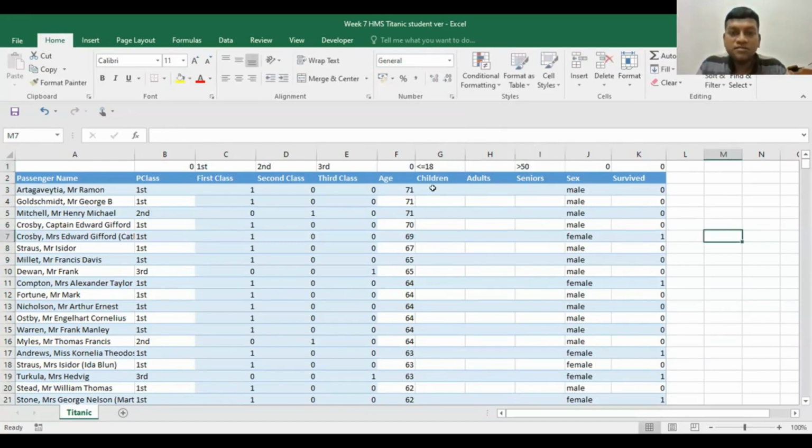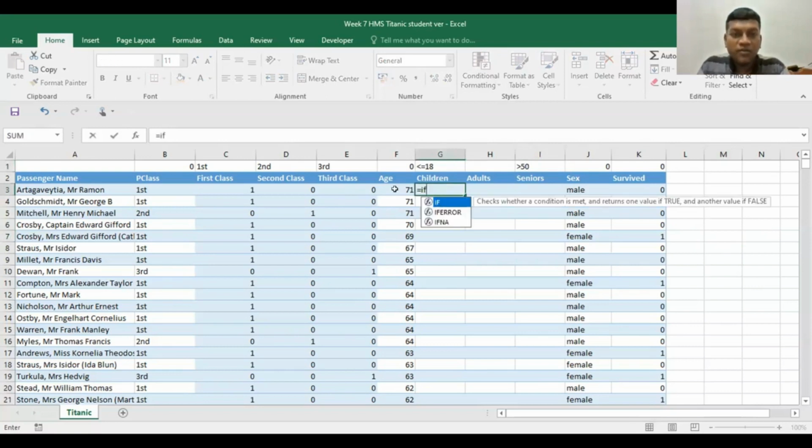Okay, so let's check that here. It's equal to if this value age is less than or equal to 18.